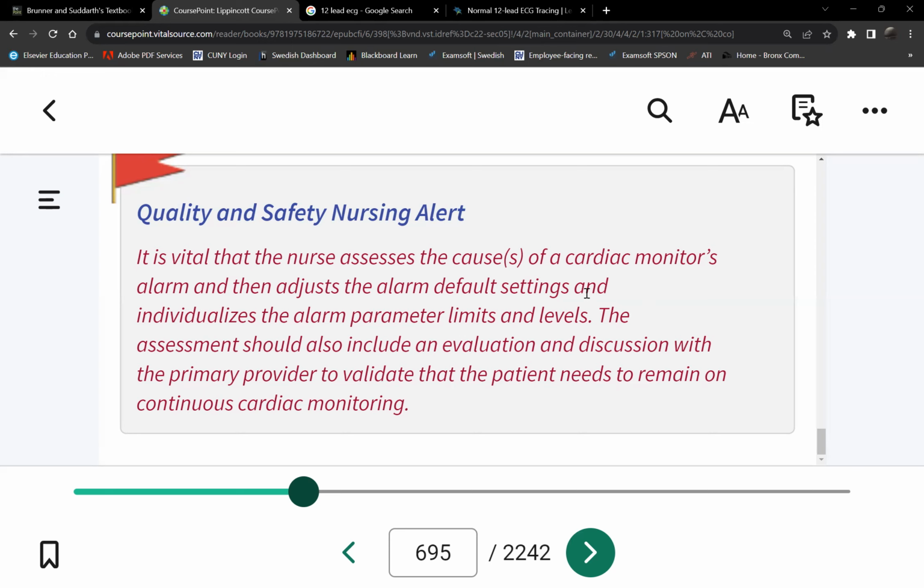That way you don't go crazy, because what will this do? Remember the story of the boy who cried wolf? What did the villagers do after the boy cried wolf 5, 6 times? They ignored it, right? Same thing, what will the nurse do? If this is constantly beeping, and you go there, she's fine, the pressure's normal, you'll ignore it, right?